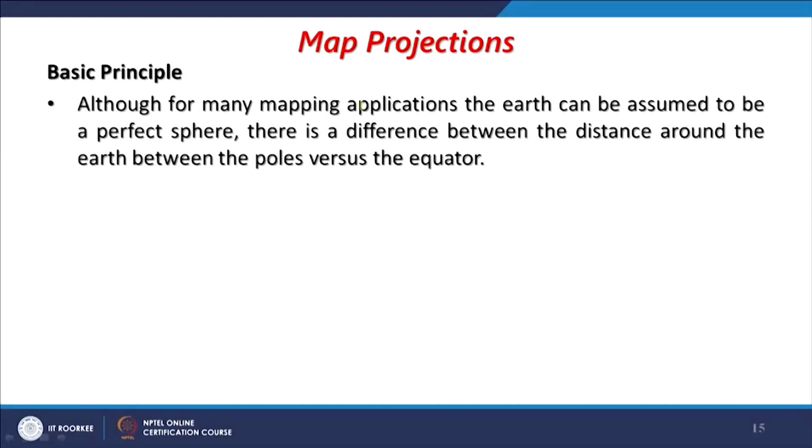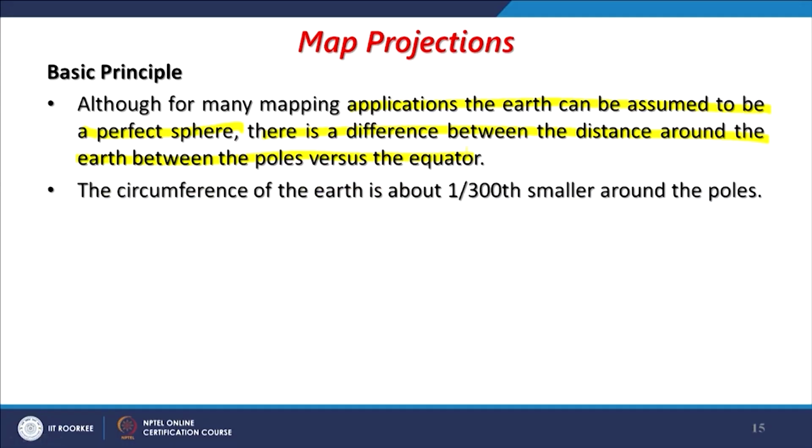Now, the basic principles of map projections, because this is what we are doing in GIS: for mapping applications the earth can be assumed to be a perfect sphere, but there is a difference between the distance around the earth between the poles versus the equator, because the earth is not a perfect spheroid, and that has added a lot of complications.